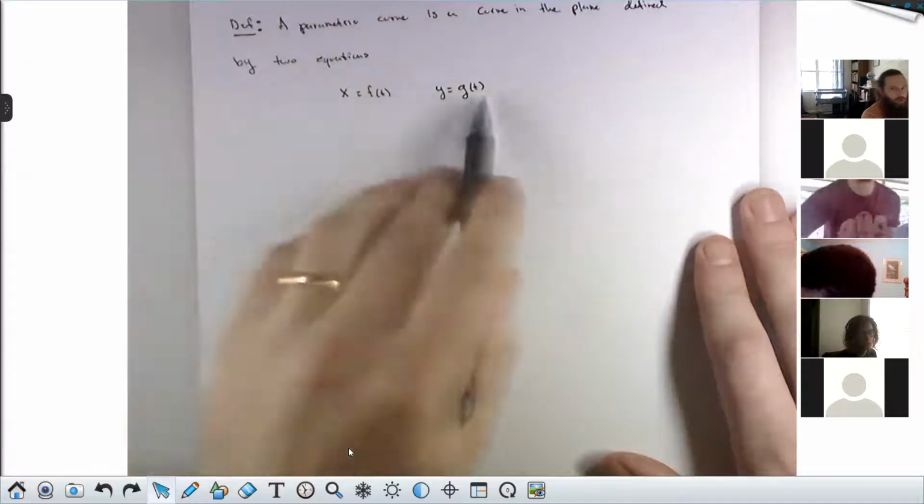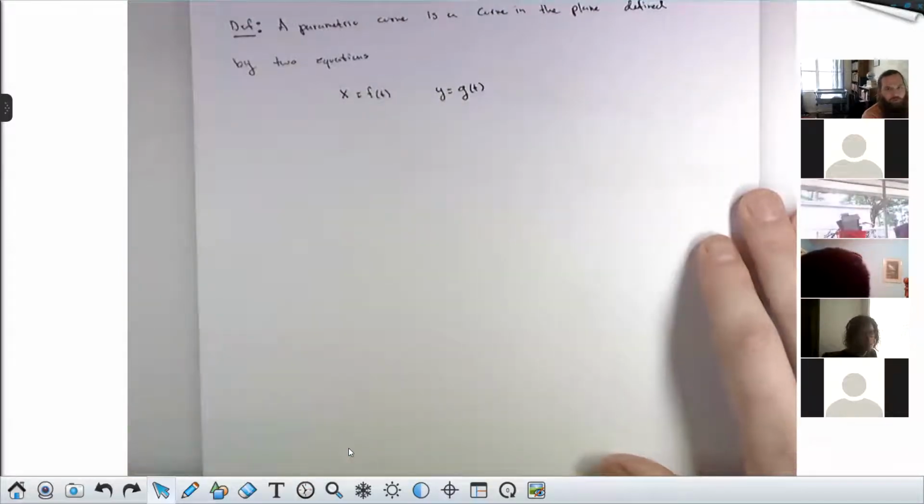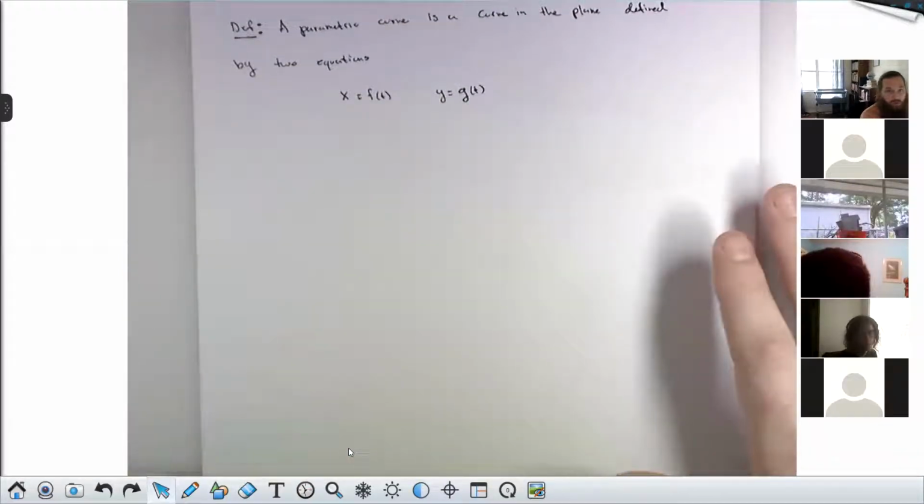But of course, we could use any other labels we wanted for those. I could just call them x of t and y of t if I wanted to.